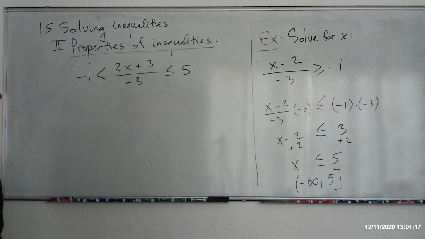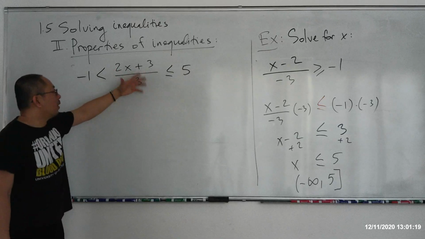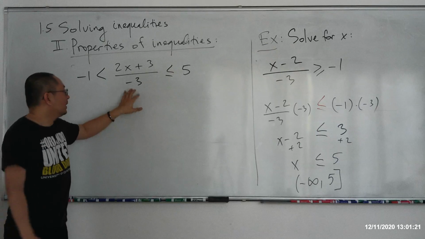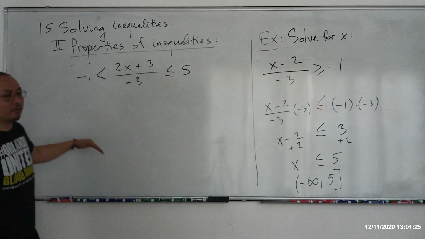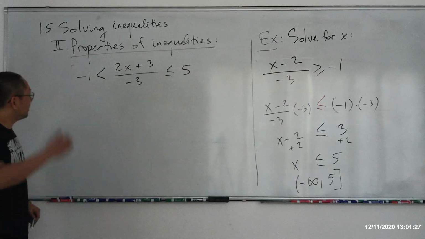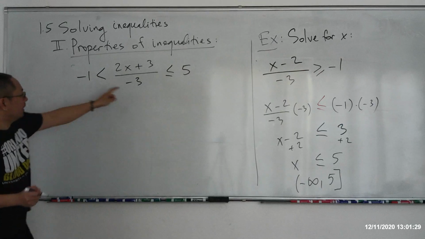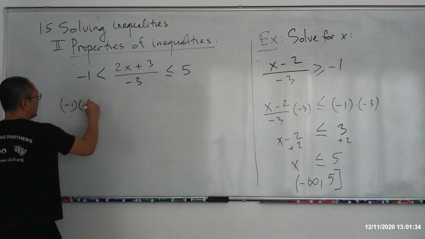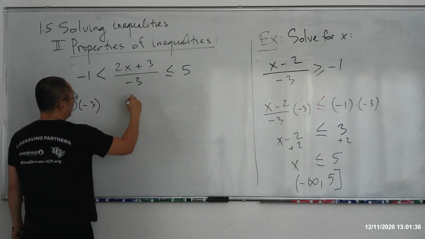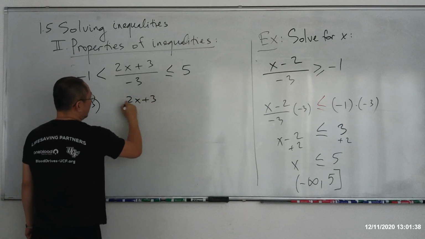The first thing we're going to do is multiply all the sides by negative 3 to get rid of that denominator. And what we learned before, whenever you multiply by a negative number, you're going to flip the inequalities. Okay? So negative 1, I'm going to times negative 3. And then in the middle one, I got what? (2x plus 3) over negative 3.